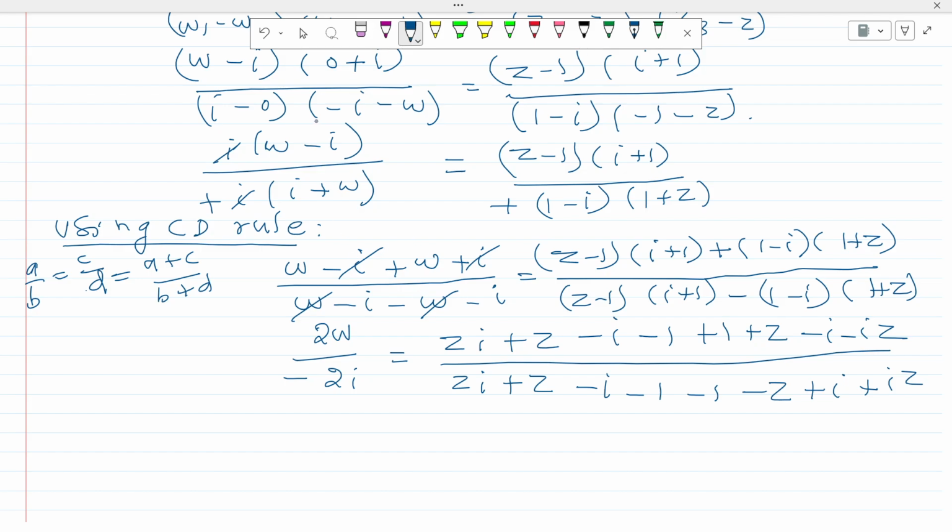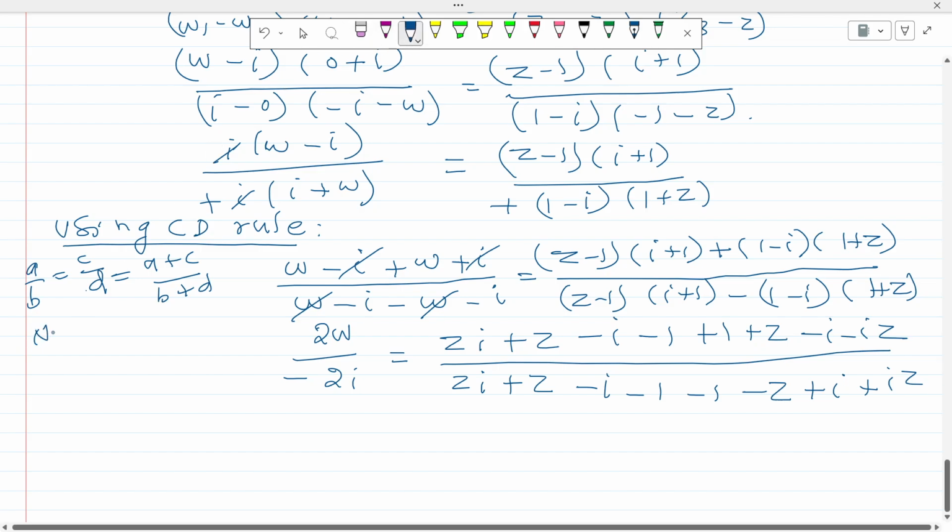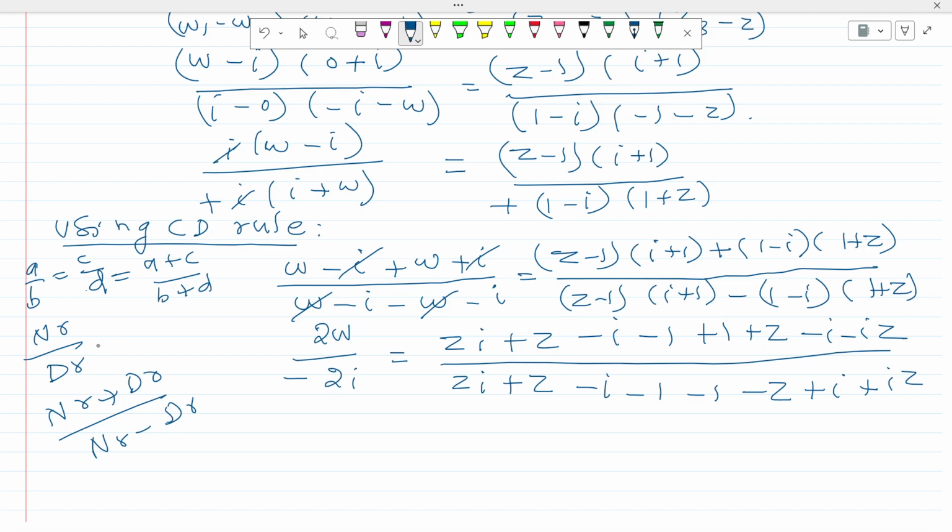Adding numerator and denominator: the CD rule is numerator plus denominator divided by numerator minus denominator. That is, W minus I is the numerator, W plus I is the denominator. So adding numerator plus denominator divided by numerator minus denominator. Similarly, do the same thing for the right hand side also.